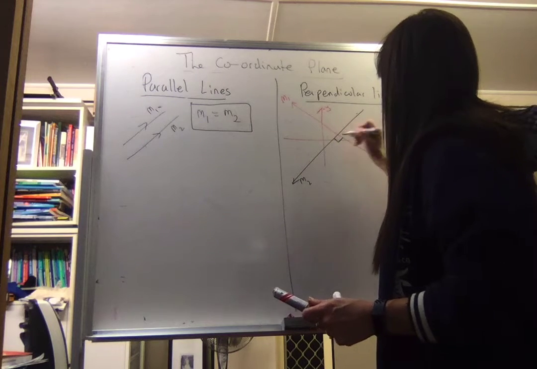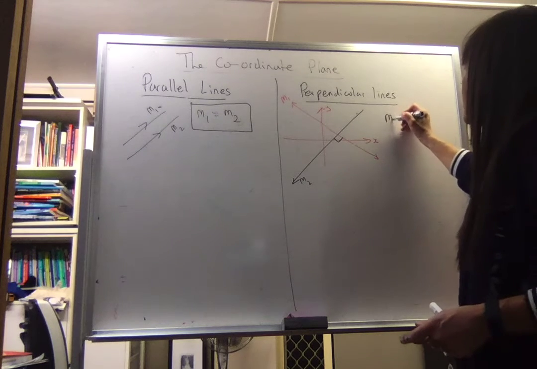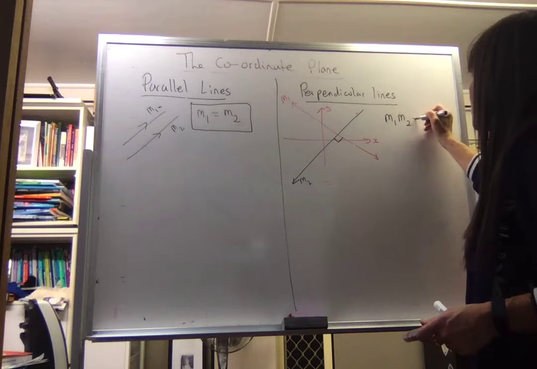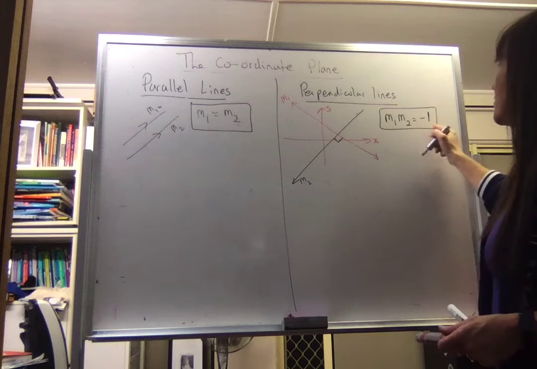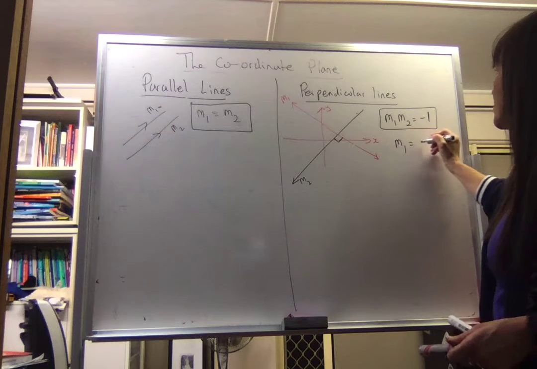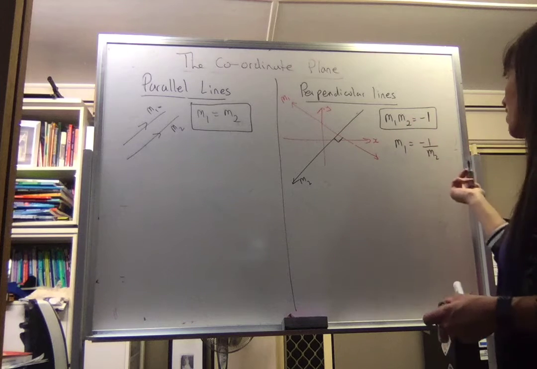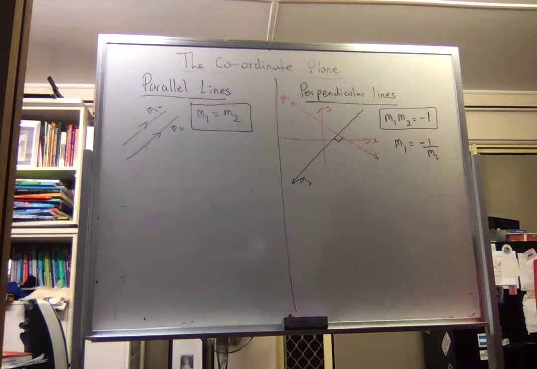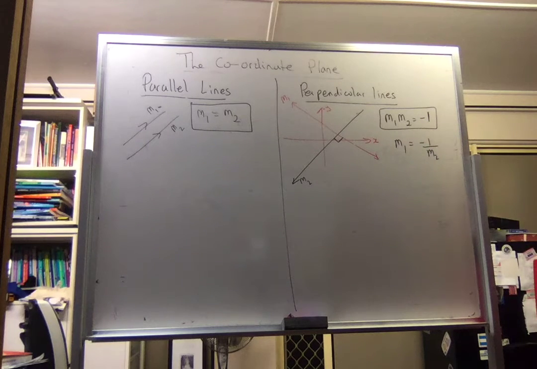We can show that these two lines are perpendicular if we can show that M1 times M2 is equal to -1. Of course this can be rearranged: M1 is equal to -1 over M2, or M2 is equal to -1 over M1. So you can rearrange that, but this is obviously the best result to start with.